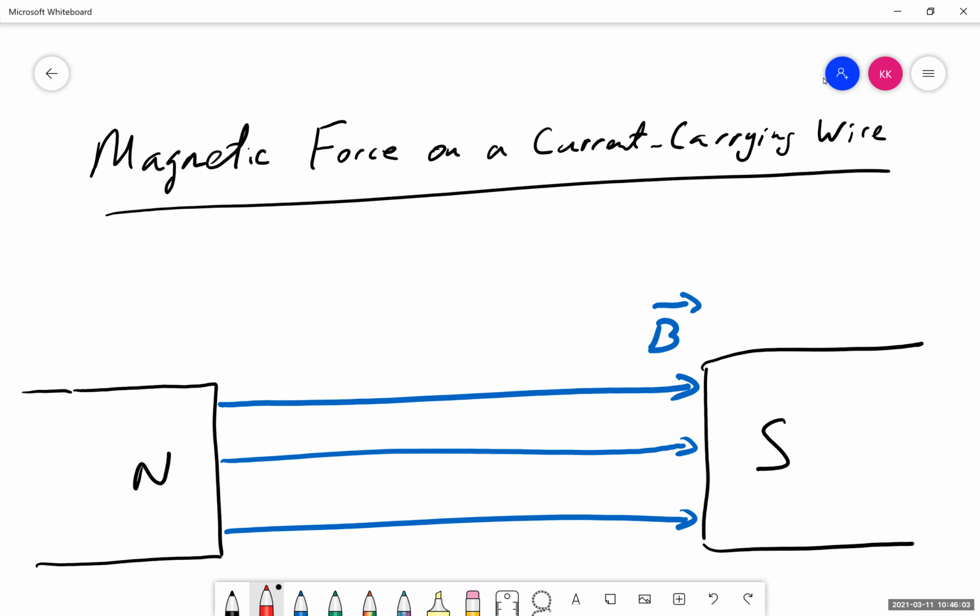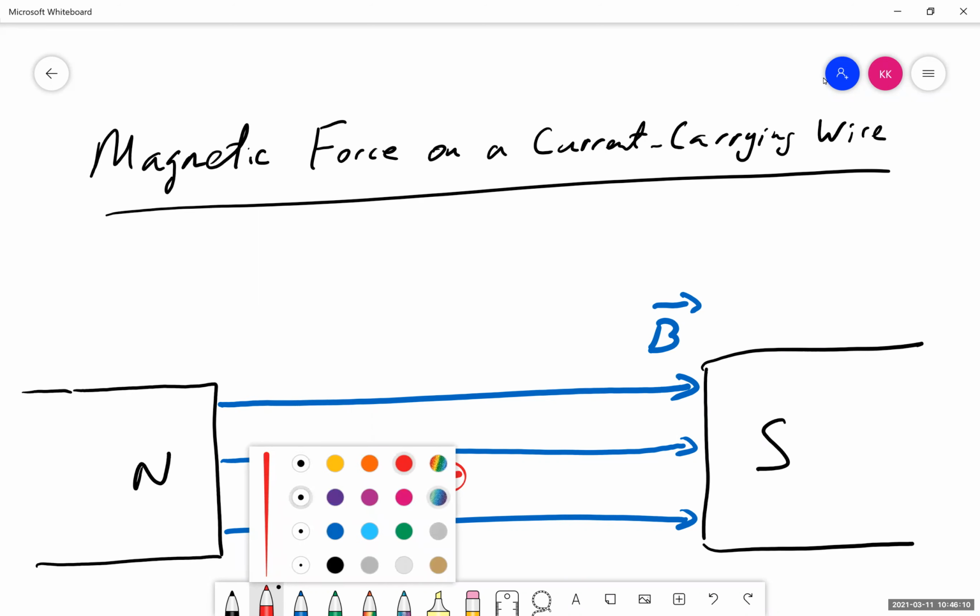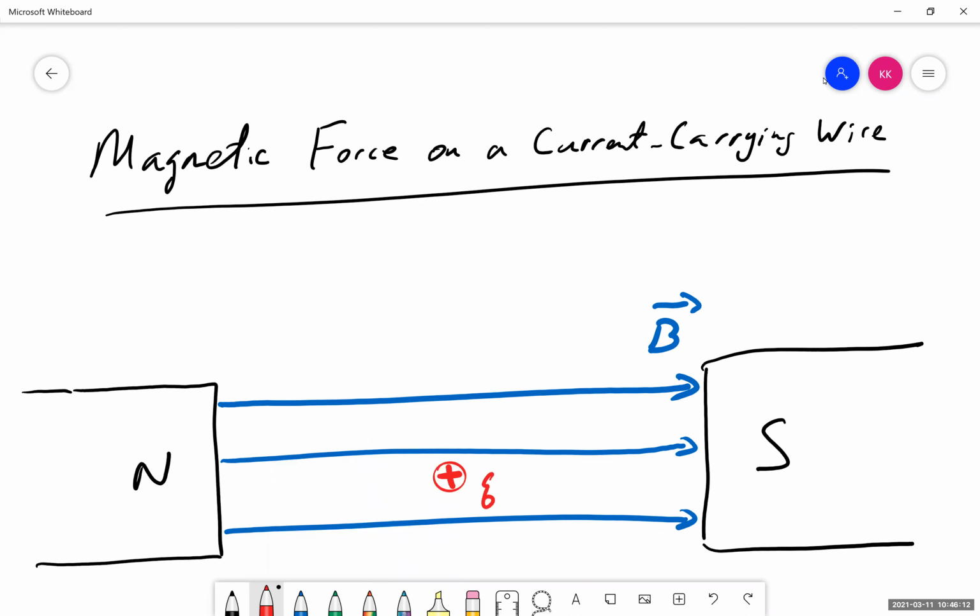For example, if I place a positive test charge right here, there is no magnetic force right now if I just place it there and let go. It will not be pushed or pulled, simply because one of the key requirements for the magnetic force is that it has to be a moving charge. For the electric force, it doesn't matter.